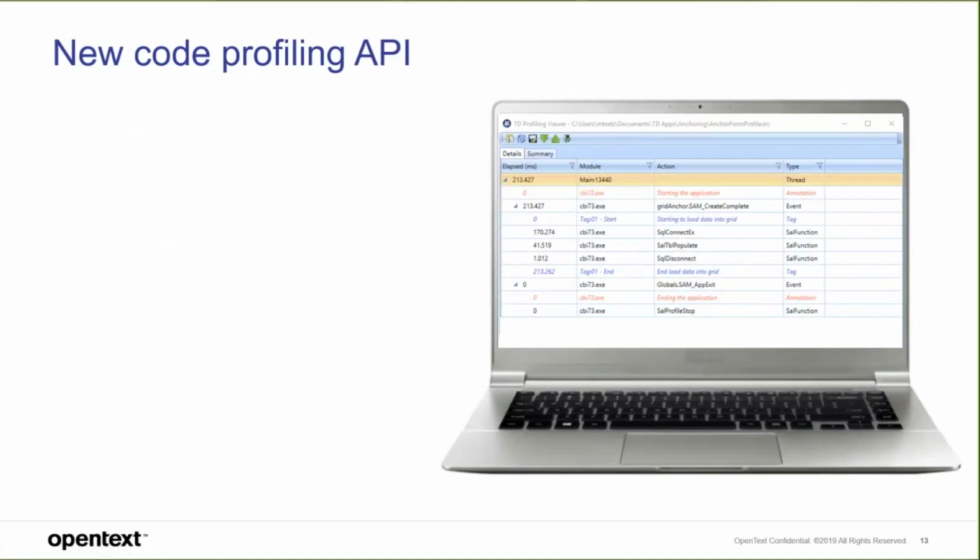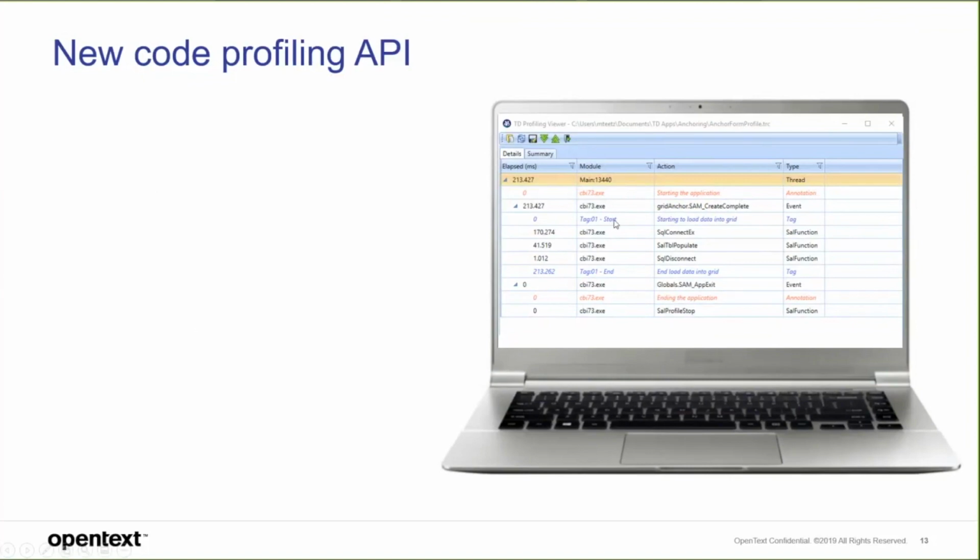Code profiling API. What you see here in this profile is that the first line is in orange, and that's an annotation. So we have an API that allows you to put annotations into the tracelog file. The complementary thing are tags.